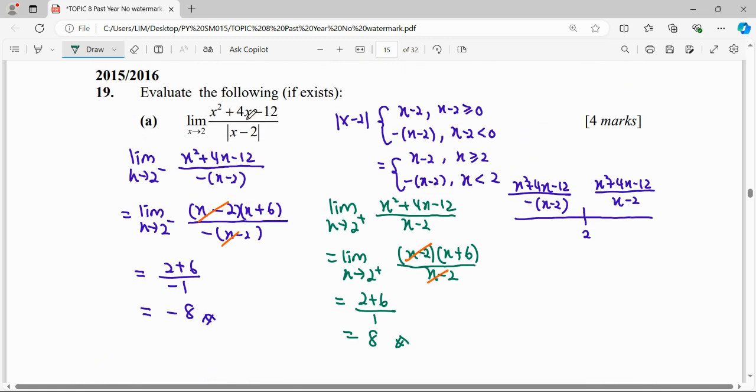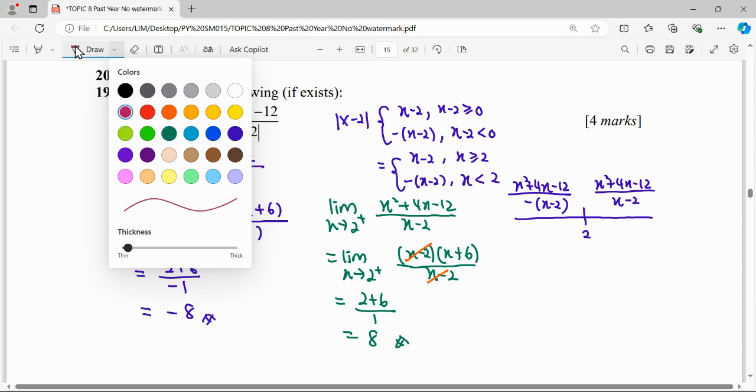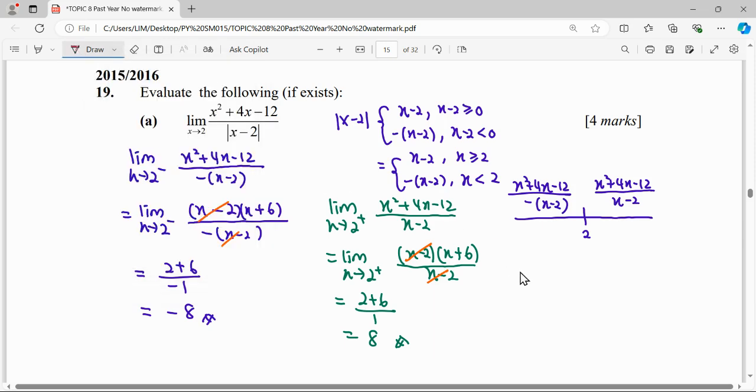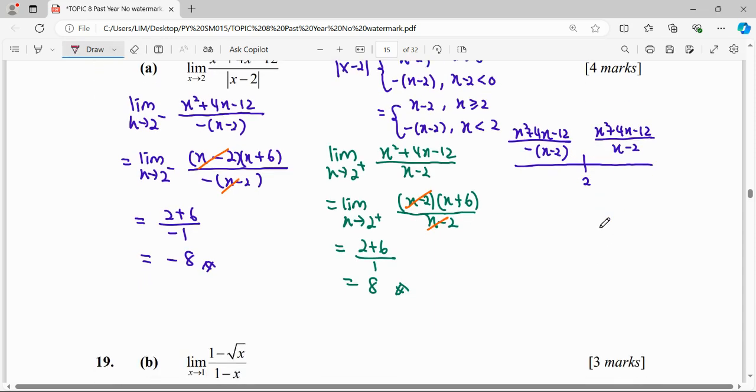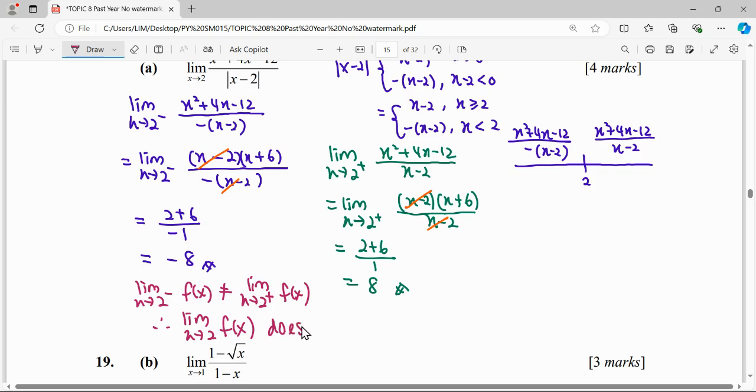So when we evaluate this limit at 2, it does not exist, because the left-hand limit is not the same as the right-hand limit. We give our reason: the limit as x approaches 2 from the left-hand side of the function is not equal to the limit as x approaches 2 from the right-hand side. Therefore, the limit as x approaches 2 for the overall function does not exist.